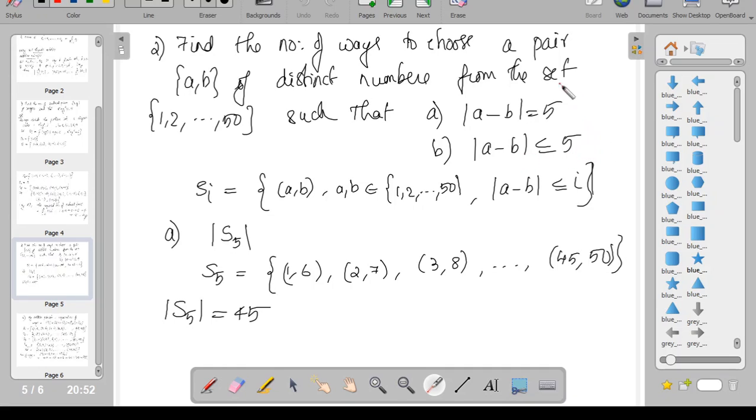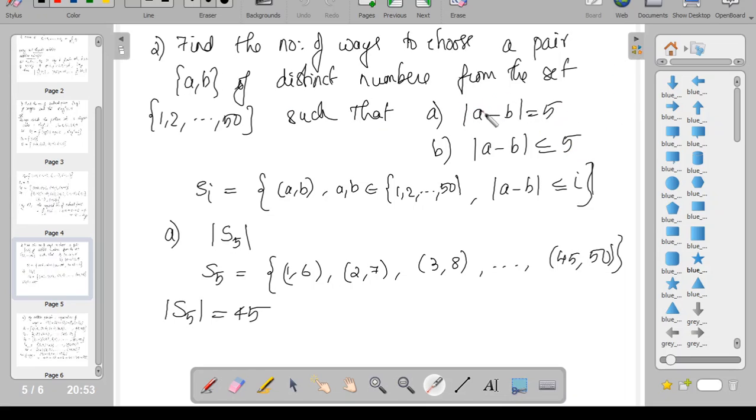Here modulus is always positive, so mod a minus b can be 0, 1, 2. Not 0, since a and b are said to be distinct. So 1, 2, 3, 4, 5.